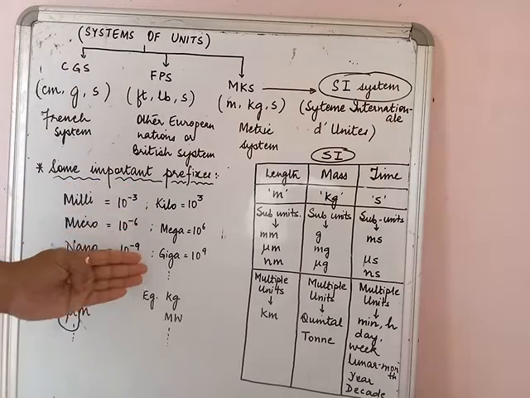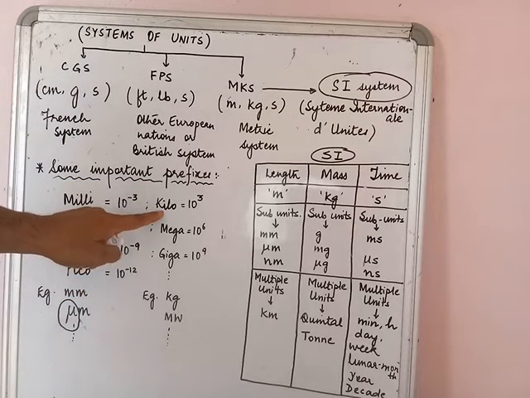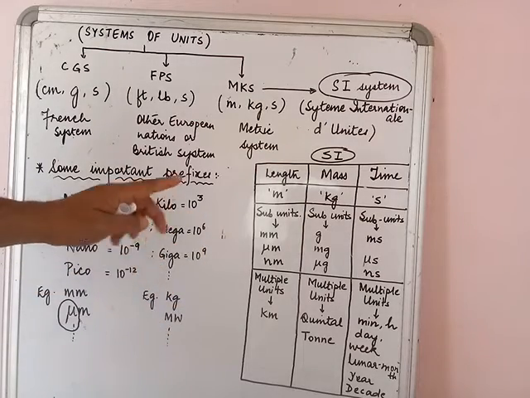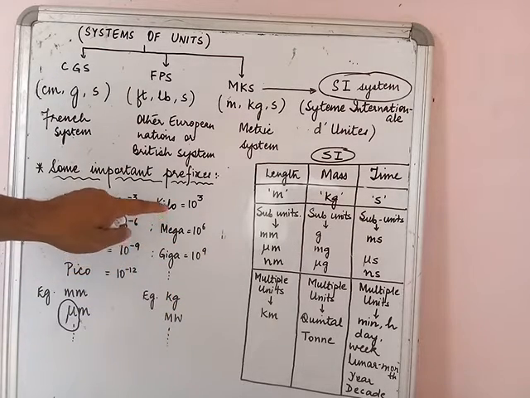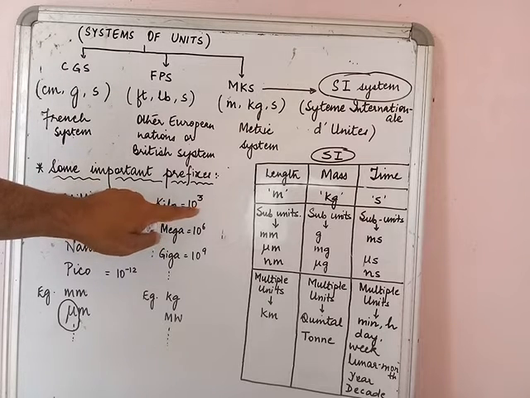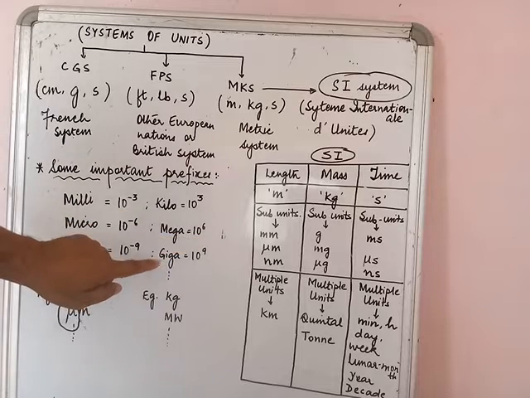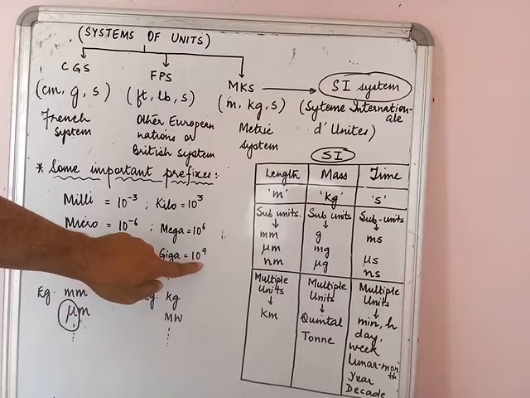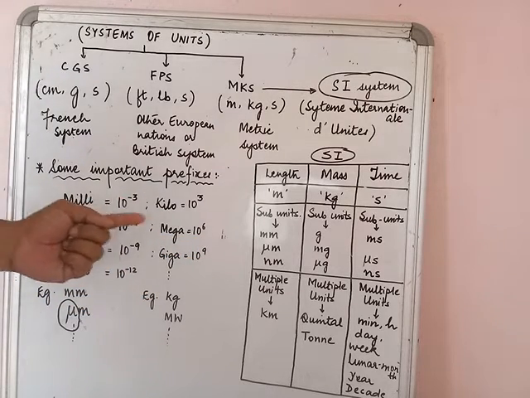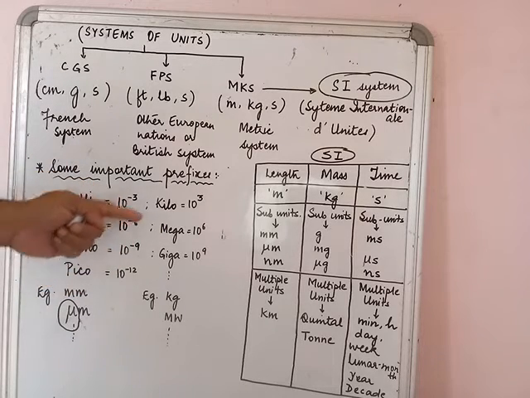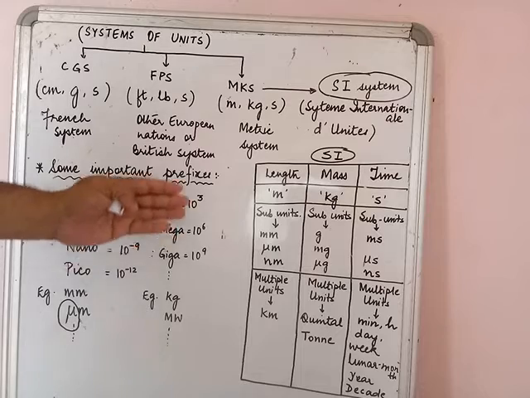Now moving on to the higher versions, you have kilo. Obviously you have kilograms, kilometers. So what does that kilo prefix mean? Kilo means 10 to the power plus 3. Similarly, mega is 10 to the power plus 6. Giga is 10 to the power plus 9. If you have a look at the relationship over here, these are all in powers of minus and these are all having plus powers.